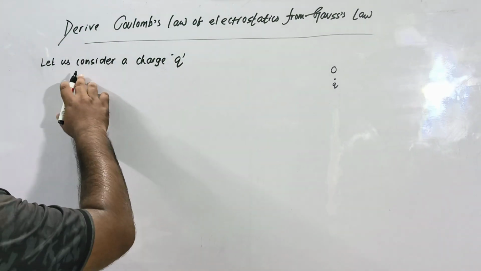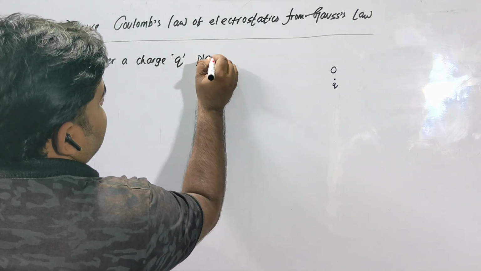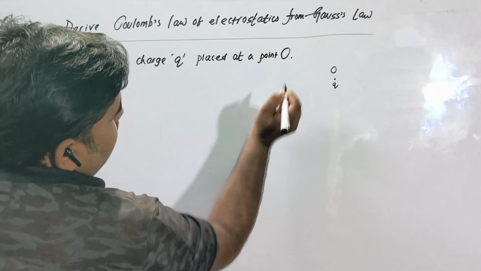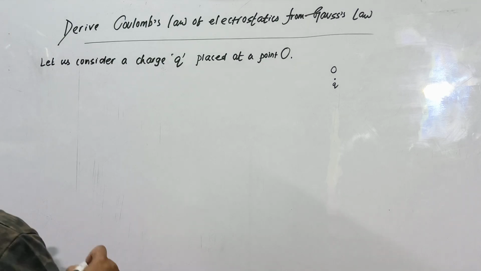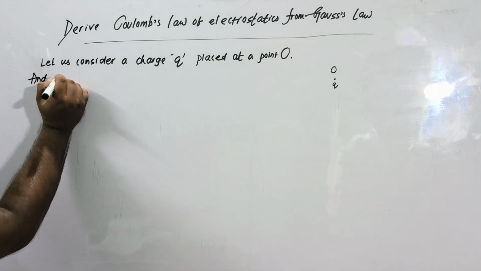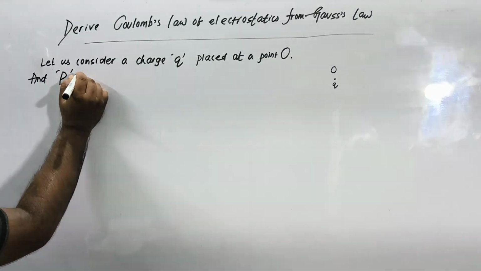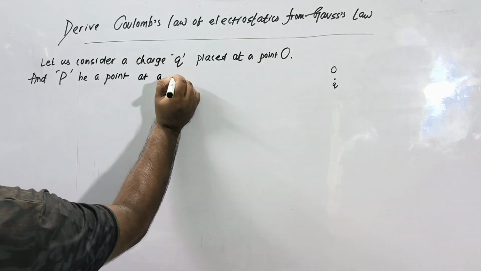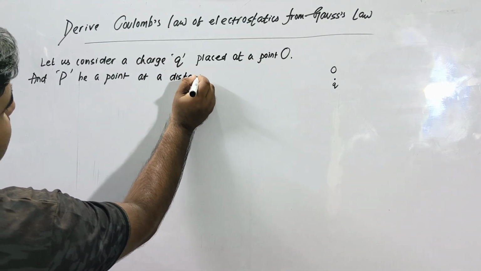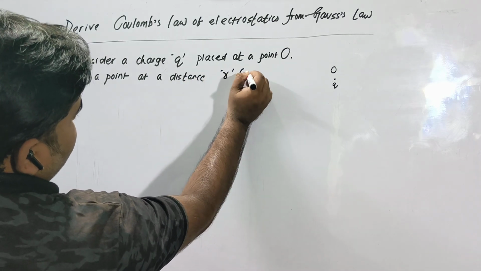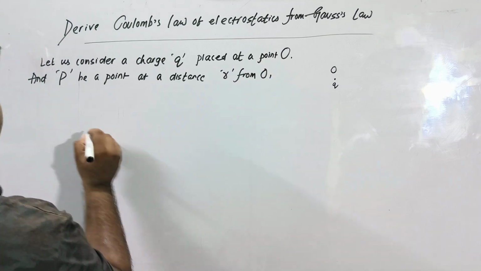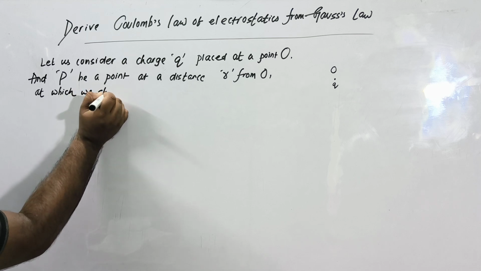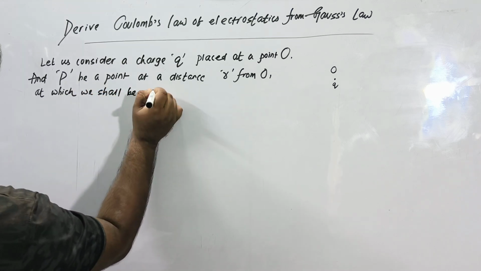Just understand this thing. Let us consider a charge Q placed at a point O. This is your point O, and let P be a point at a distance r from O, at which we shall be calculating.